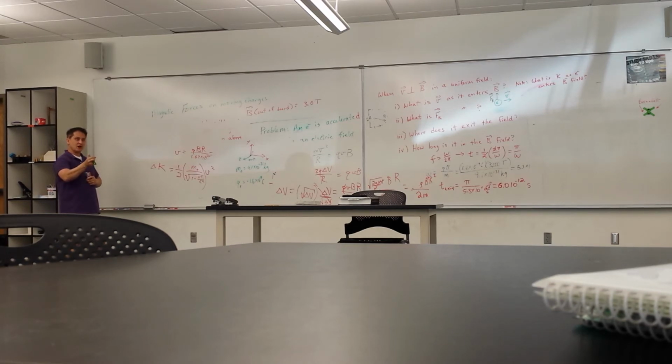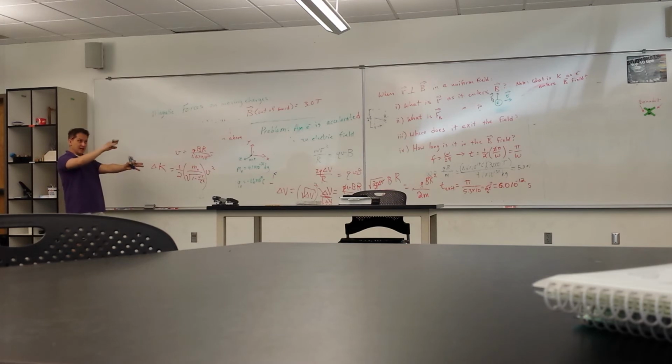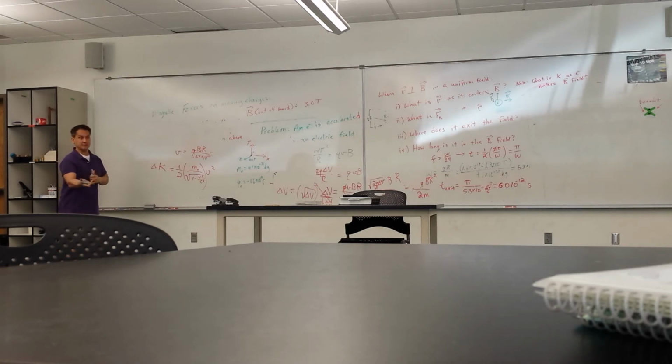What you do is you fine tune either the voltage in a constant magnetic field, or more often than not, you set it at like 1500 volts and fine tune the magnetic field until it comes out. You sit there doing this until the detector reads something. And when the detector reads it, you know that corresponds to some mass. It doesn't tell you what it is, but it tells you what the mass is.